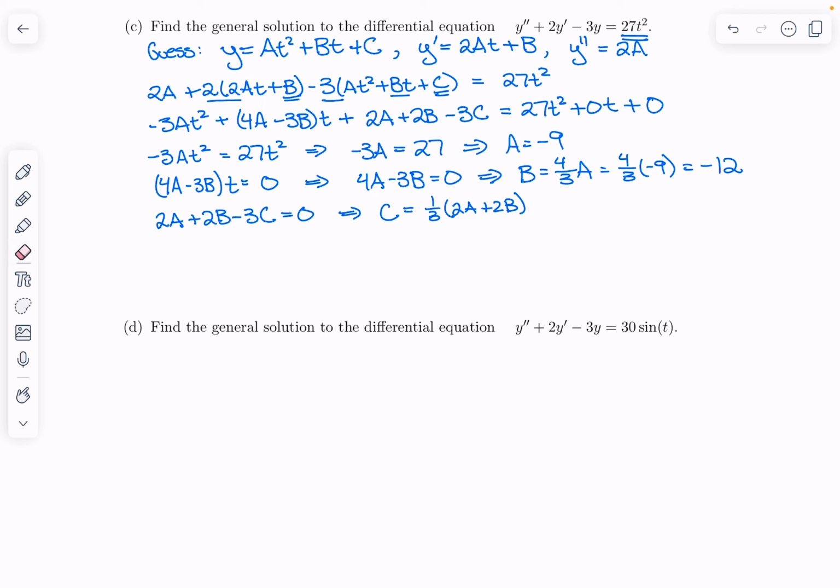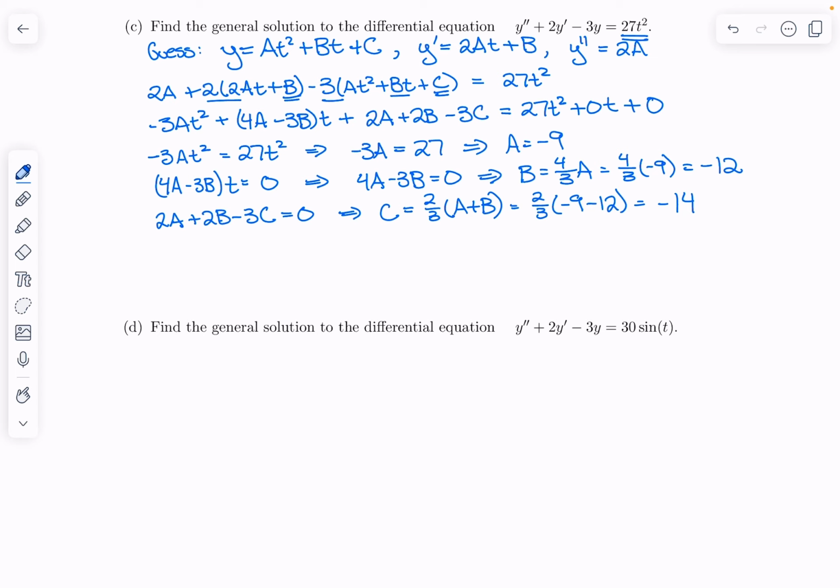So in fact, I'm going to factor out those 2's. So it's actually 2/3 times (a plus b). So in this case, that's 2/3 of -9 minus 12. -9 minus 12 is -21. And -21 times 2/3 is -14.